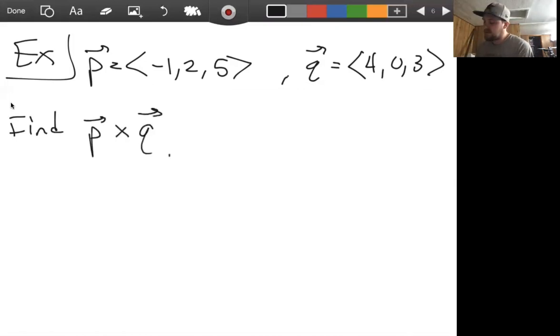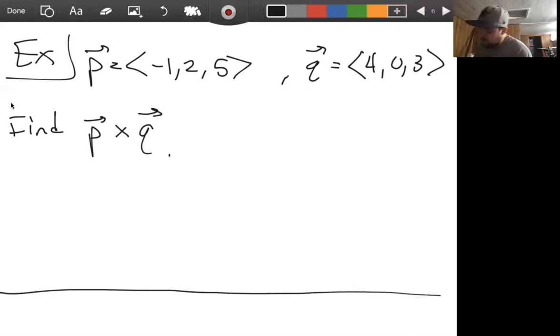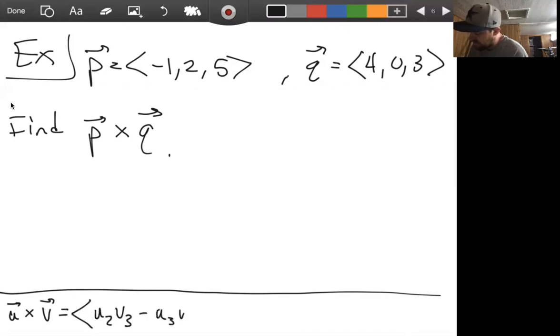Okay, and so down at the bottom here, I'm going to remind myself what U cross V is, right? It's U2 V3 minus U3 V2, and then it's negative U1 V3 minus U3 V1.